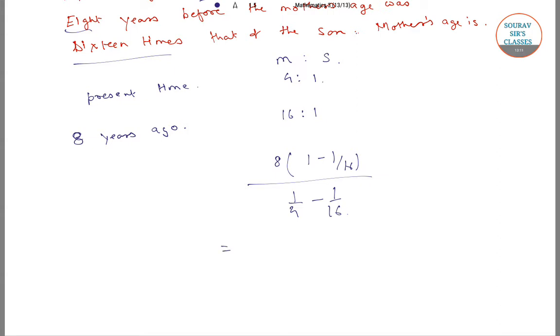So this is equals to 8 into 15 by 16 divided by 3 by 16. So from here we get age of mother is 8 into 5, that is 40 years.